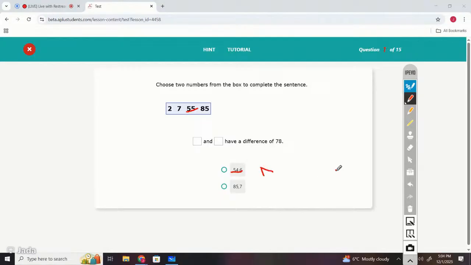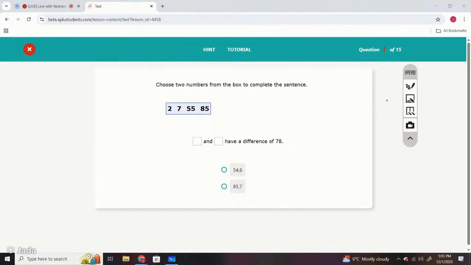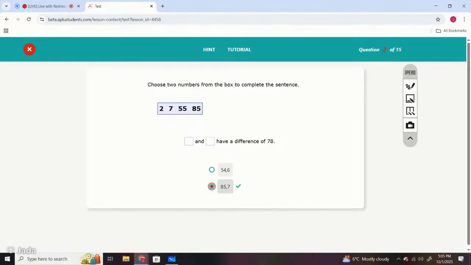The second one is 85 minus 7. So you can count back 85, 84, 83, 82, 81, 80, 79, 78. It is 78, right? So 85 minus 7 is 78. Option number 2 is the correct option.